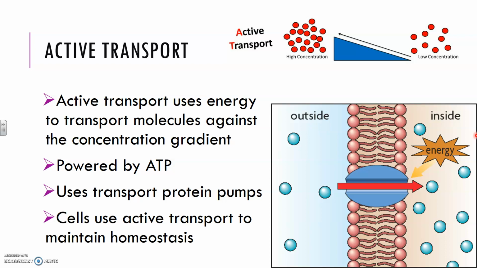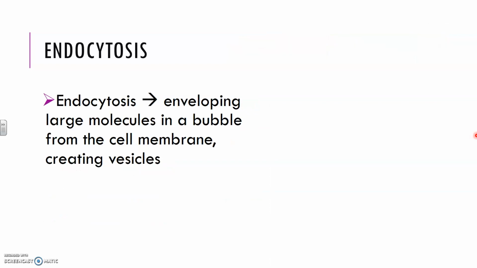It may be something that they don't use constantly, so they can't keep the concentration inside the cell low, but it could also be something that has to be built up inside the cell in order for it to be useful. So there are a lot of different reasons that it'll use active transport in order to pull something in against the concentration gradient.